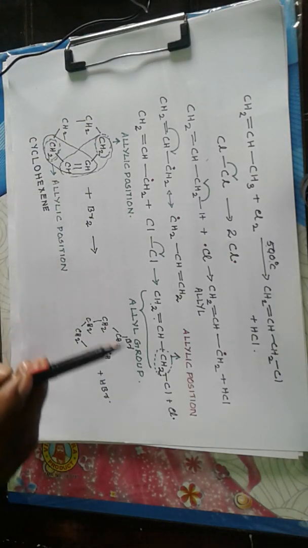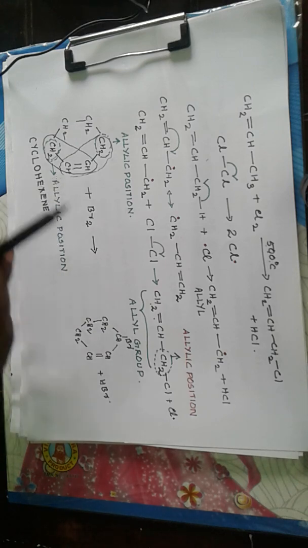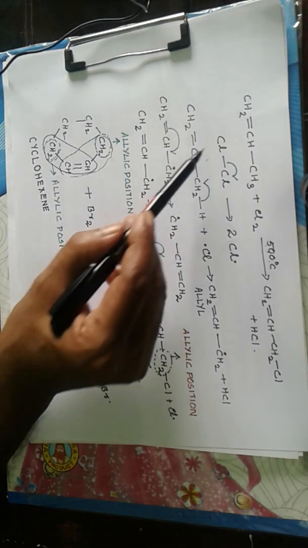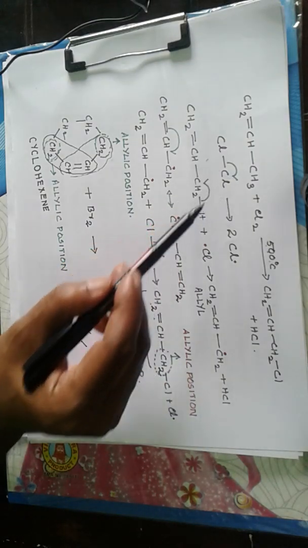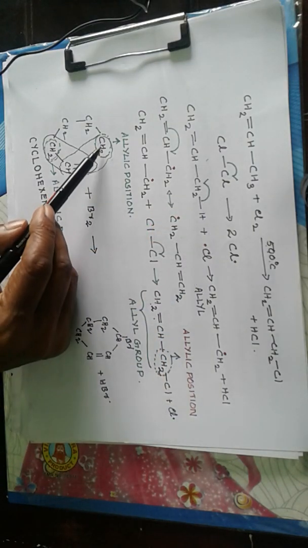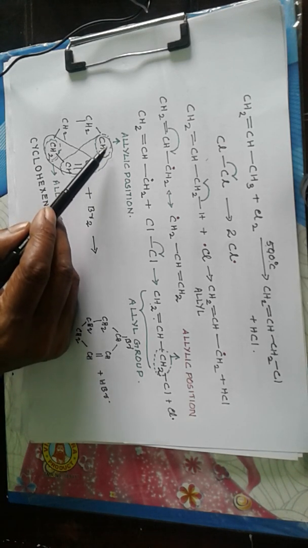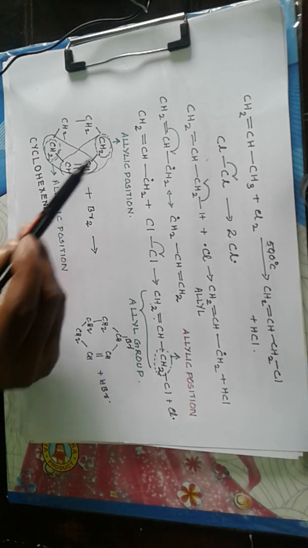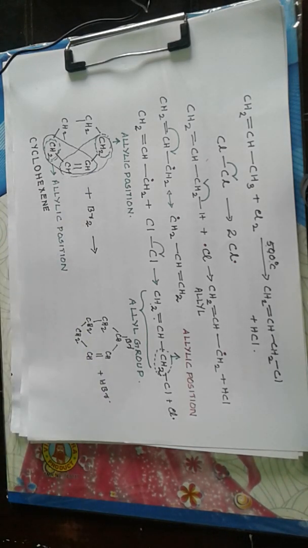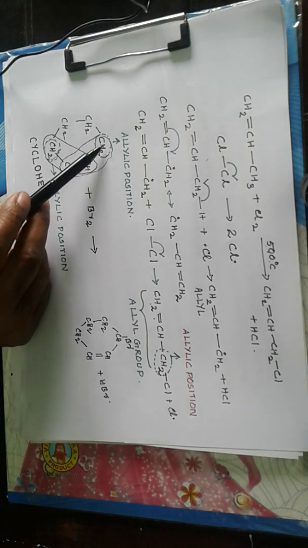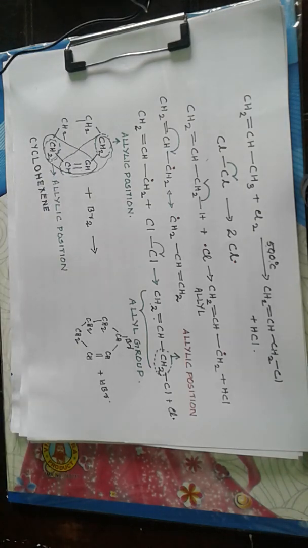So when bromine reacts with this molecule, this type of mechanism occurs. The Br-Br bond first undergoes homolysis to produce a Br radical. Then this C-H bond undergoes homolysis, producing a radical center, and the H radical created here will combine with a Br radical producing HBr, and this radical created here will react with another Br2 molecule producing this product. So this is called allylic chlorination or allylic bromination.